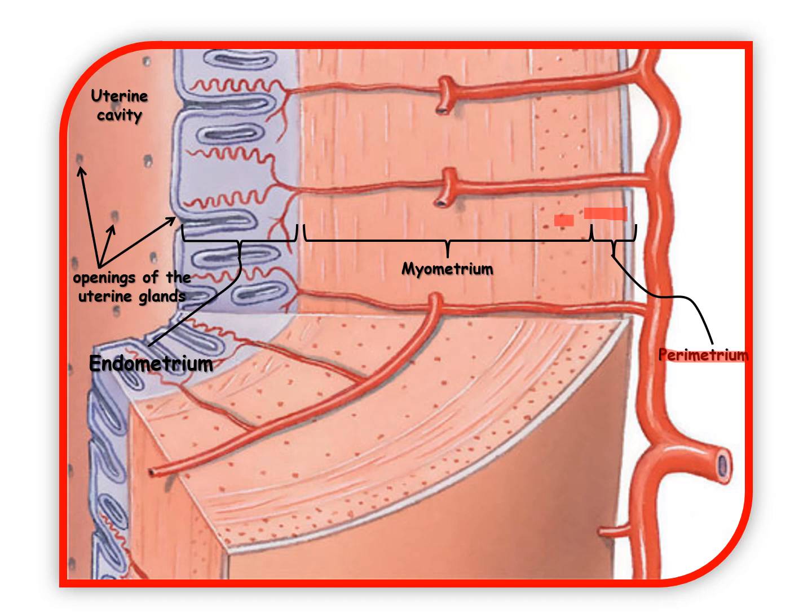Then the main thickness of the wall of the uterus is the myometrium, and the innermost layer of the wall of the uterus is the endometrium, and the endometrium is formed of glandular epithelium. These are examples of the openings in the wall of the uterus. These openings indicate the opening of the uterine glands.